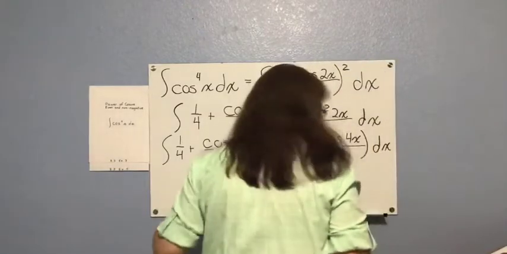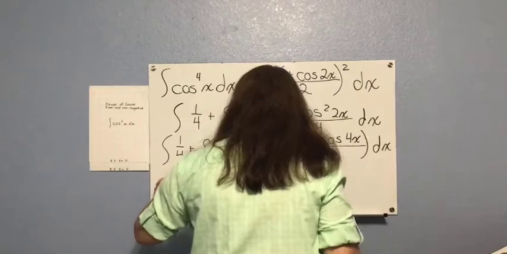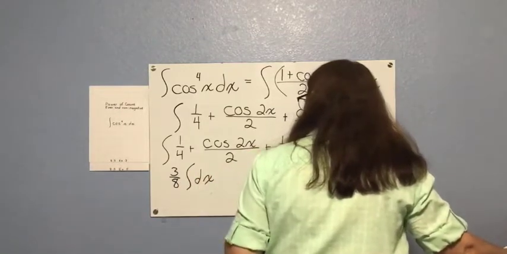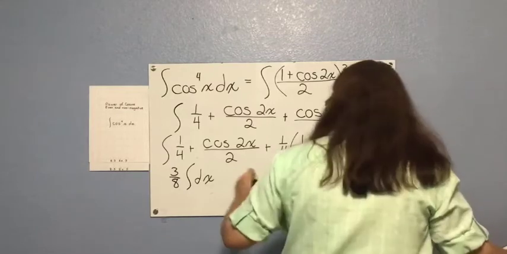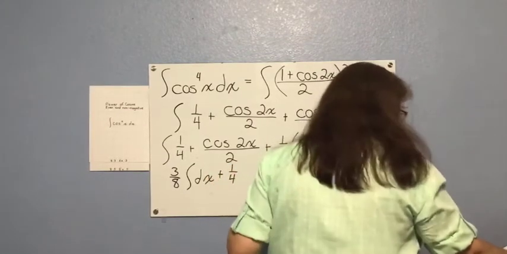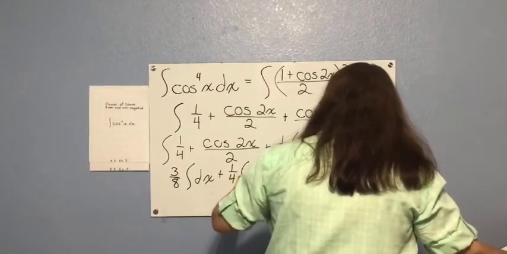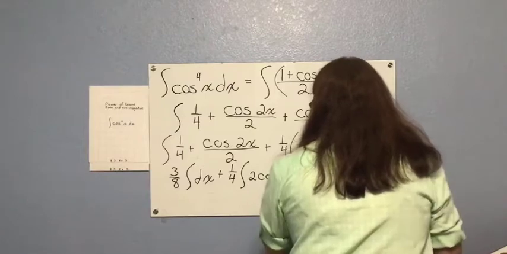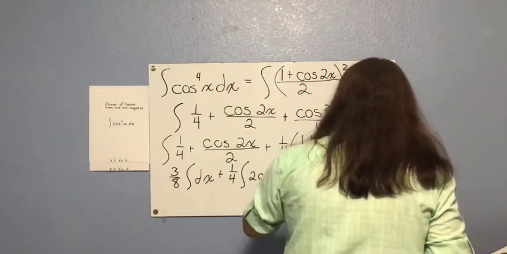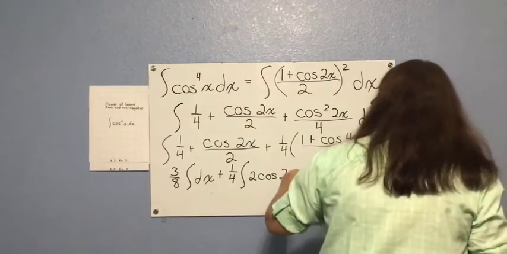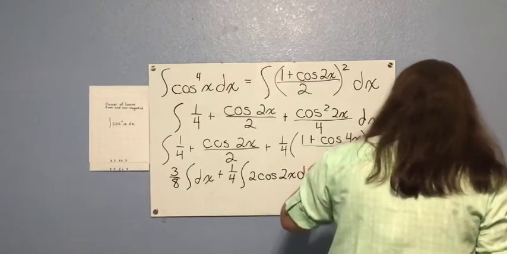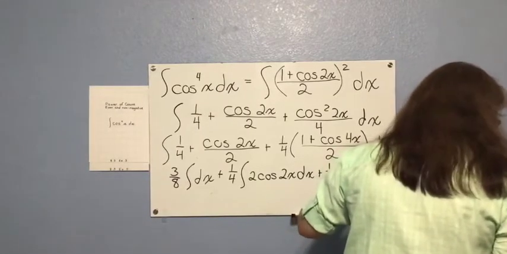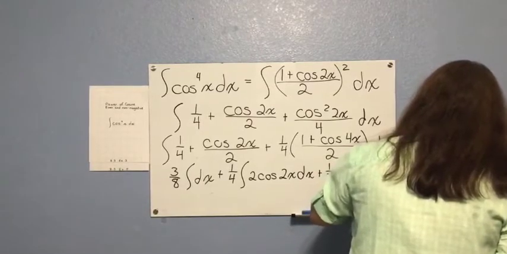Okay, rewriting, we get 2 cosine 2x dx plus 1 over 32 times the integral of 4 cosine 4x dx.